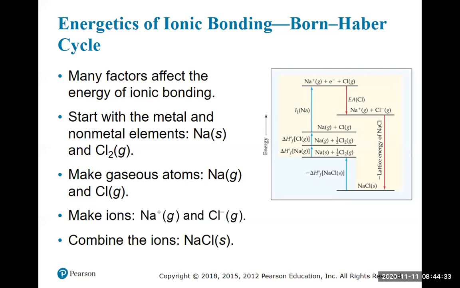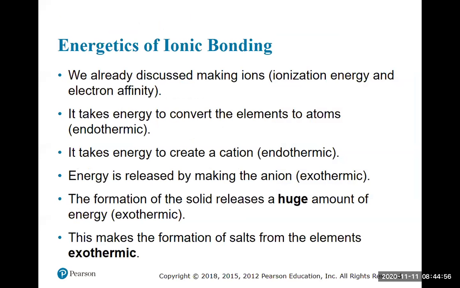Then you convert them both to gaseous atoms. Then you convert those to ions. That goes back to the ionization energy and electron affinity values. And then you combine. So it tends to be a multi-step process like this, and you have energy levels associated with each of these steps.